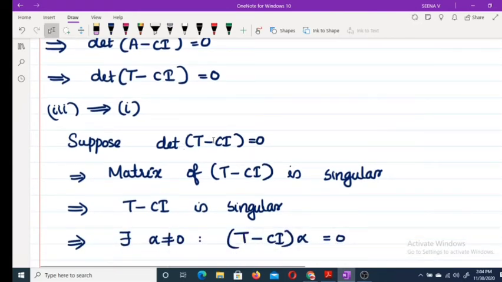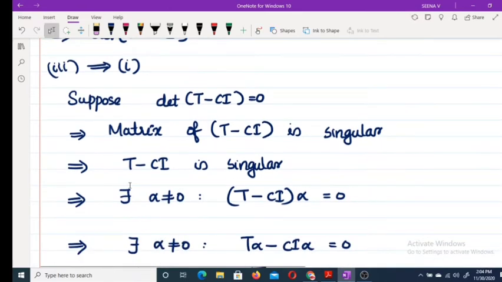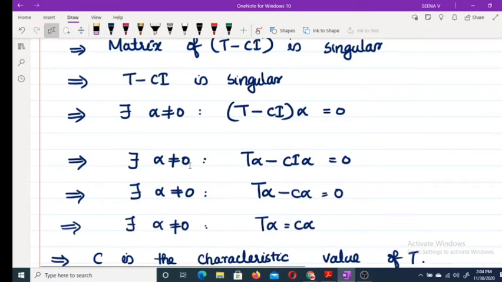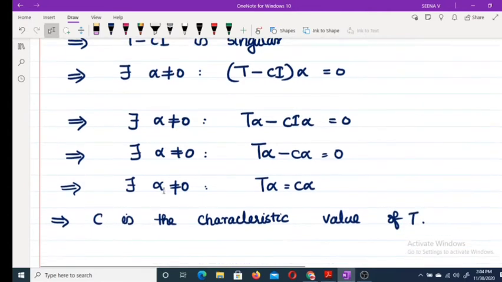Suppose determinant of T minus CI is equal to 0. That implies the matrix of T minus CI is singular. That means T minus CI is singular. That means there exists an alpha not equal to 0 such that (T minus CI) alpha equals 0. That means there exists an alpha not equal to 0 such that T alpha minus CI alpha equals 0. That means this condition holds.